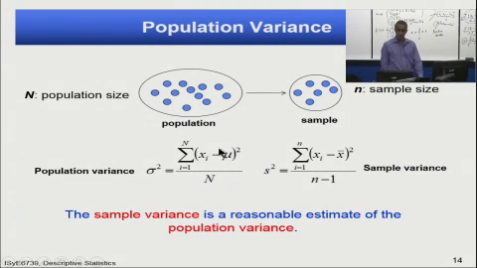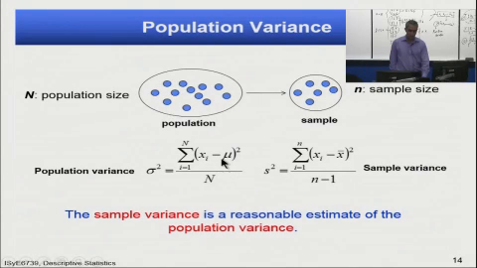X bar is replaced with mu. Can you see that? And then instead of n minus 1, we use capital N, not minus 1. So basically, if I can see all observations, all population members, then that's the way I calculate the variance. If I don't, that's the way I calculate the sample variance.